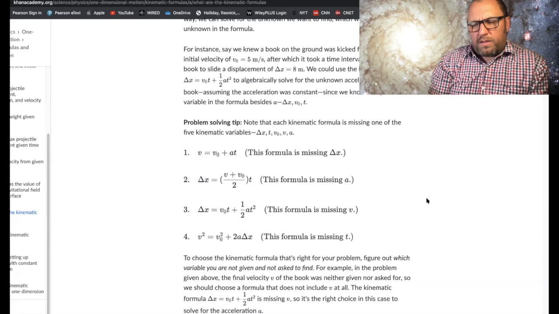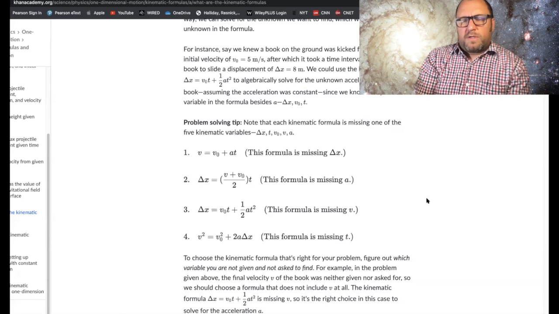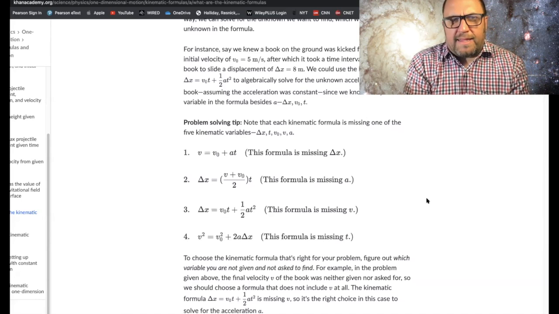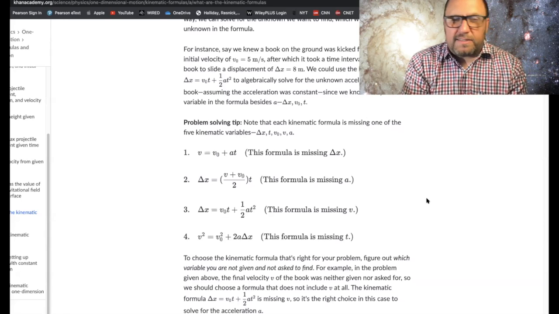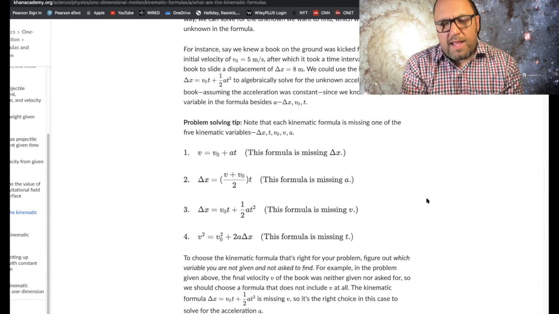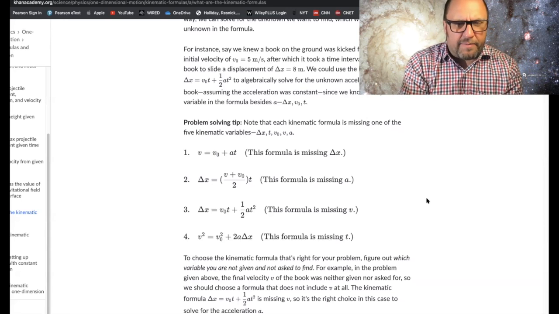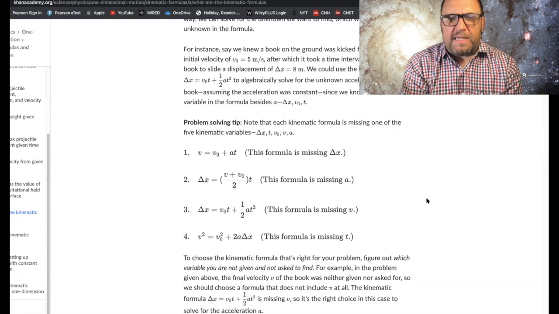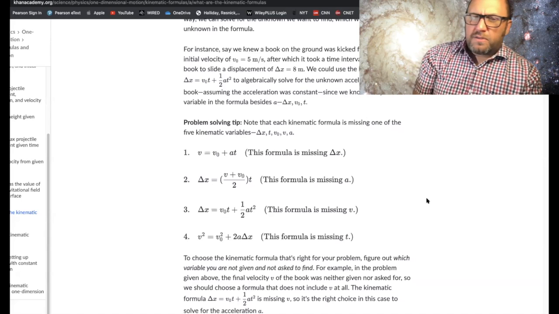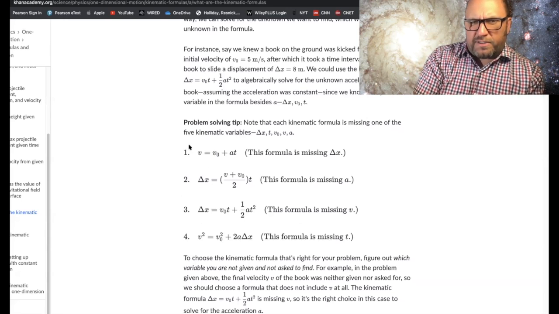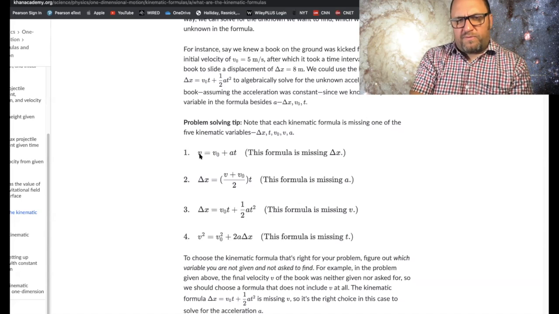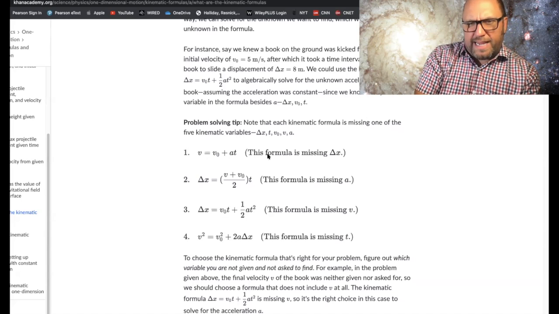To show you what I mean, I'm looking at the Khan Academy website, khanacademy.org. They give some really great examples of how to use the 5 kinematic equations. If we look at these expressions, the first one is v equals v0 plus at.